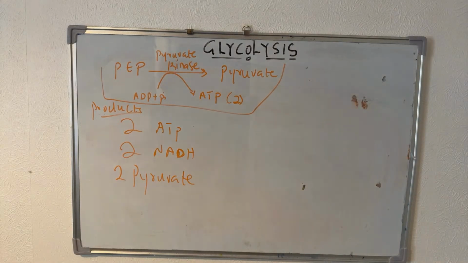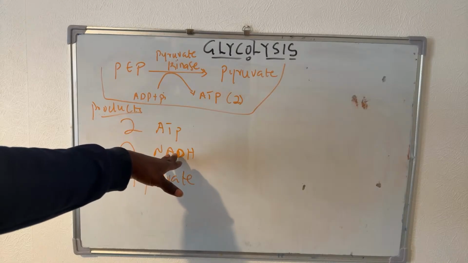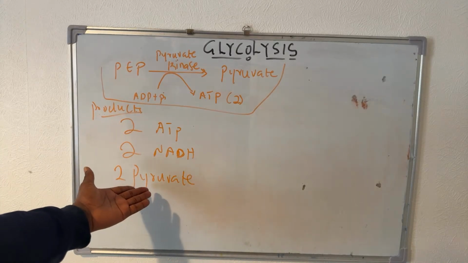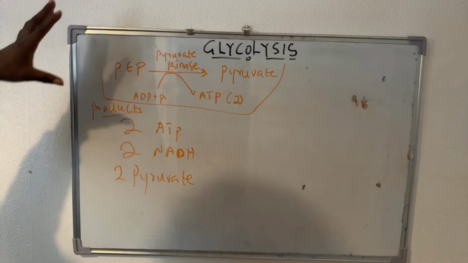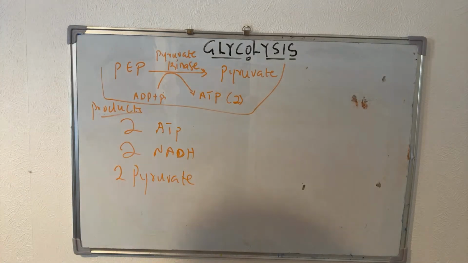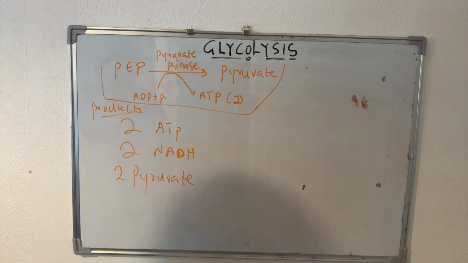In the next lesson, we're going to talk about the control point. Then we're going to talk about the fate of NADH and pyruvate. So in today's lesson, we've looked at the process of glycolysis and the products of glycolysis.